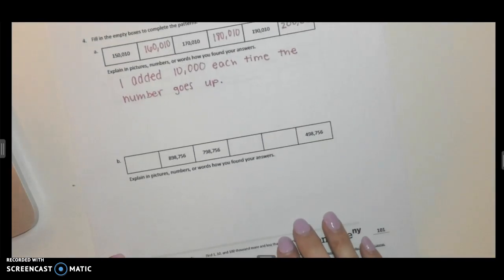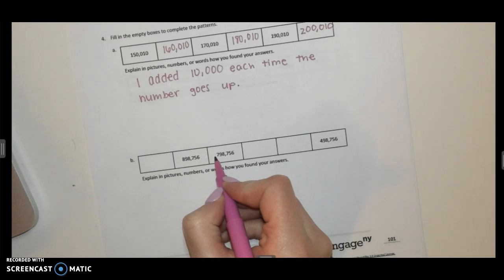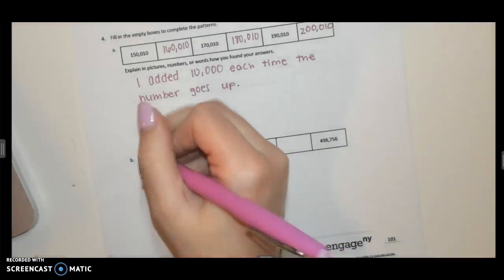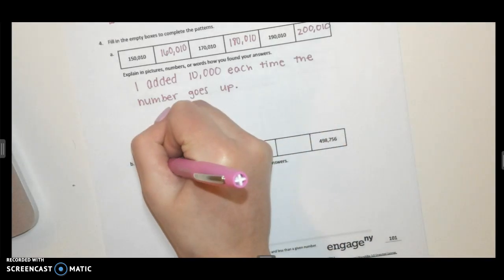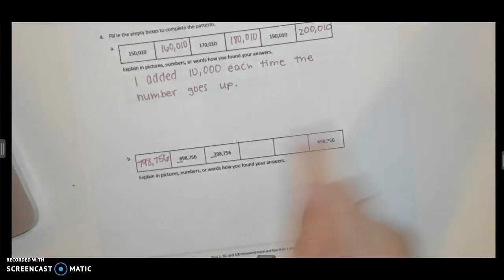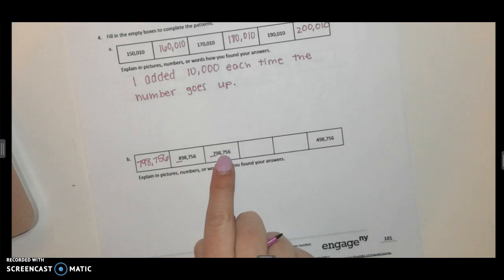All right, and letter B. Now we're doing the same thing here, but with different numbers. So it looks like we're subtracting 100,000 each time. So we'll start with 998,756, and we have an 898,756. Then we have 798,756.